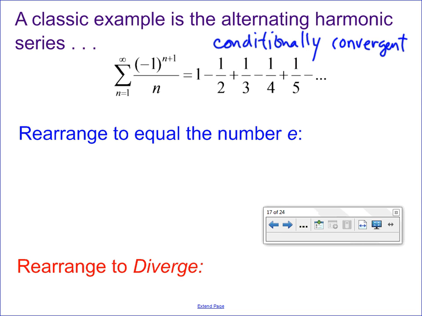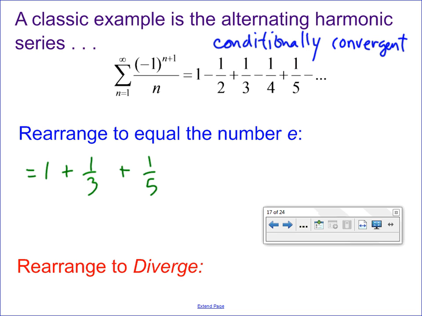We're going to scan through here and start with the positive ones, only grabbing the positive ones in order, the next one that we grab, until we go above the number e. We keep grabbing positive term values until our partial sum is greater than e. Now we're going to start grabbing negative terms.